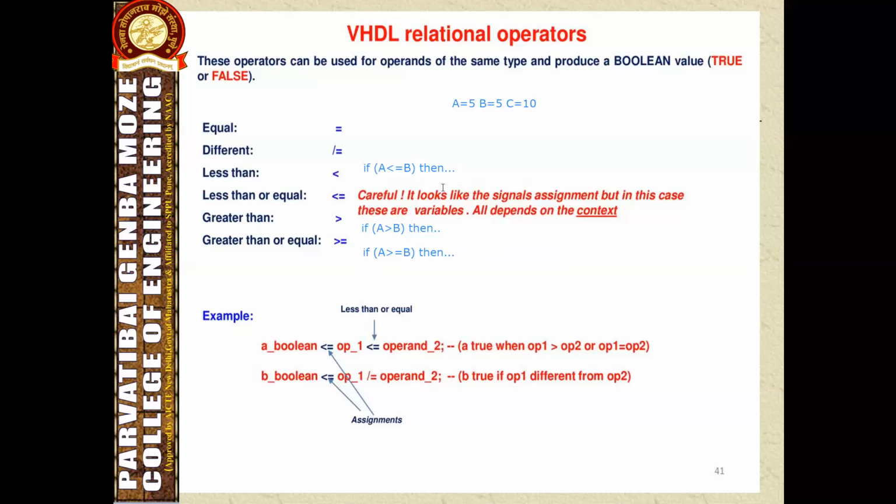So these are the relational operators used for comparing objects: equal to for comparing equality, not equal to, less than, less than or equal to, greater than, and greater than or equal to.